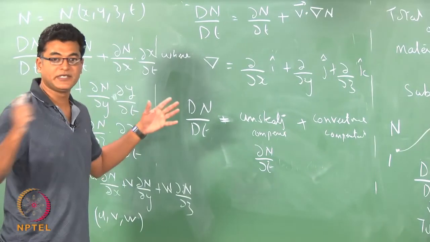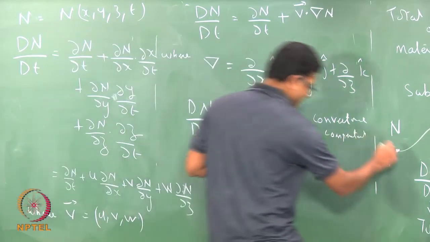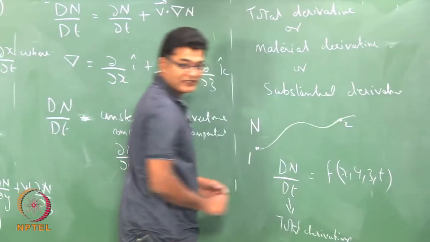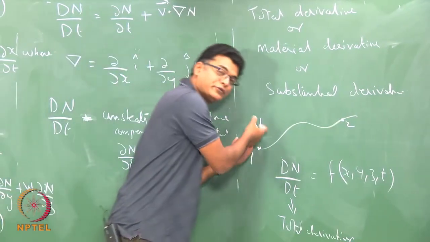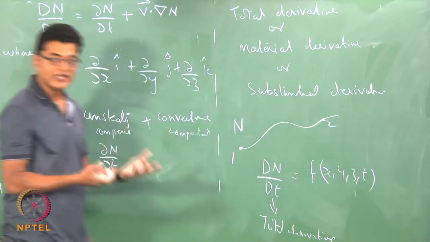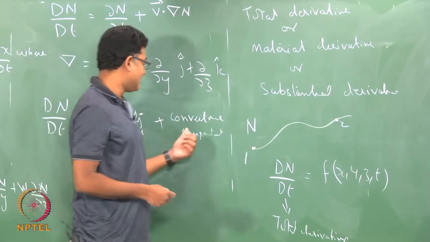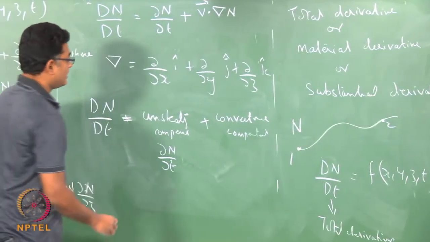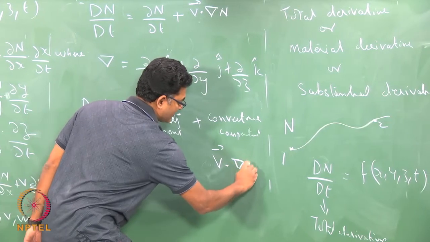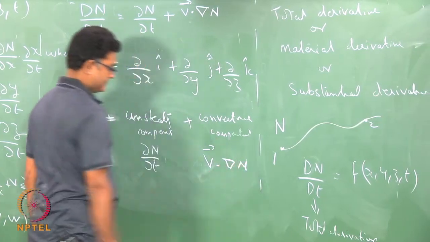It is going to be different in space. So, at the same instant of time you are measuring n, and because the particle is going to move from point 1 to 2 and you are moving along with the particle, you feel a difference in property n, and that is due to this particular term, which is V dot grad of n.